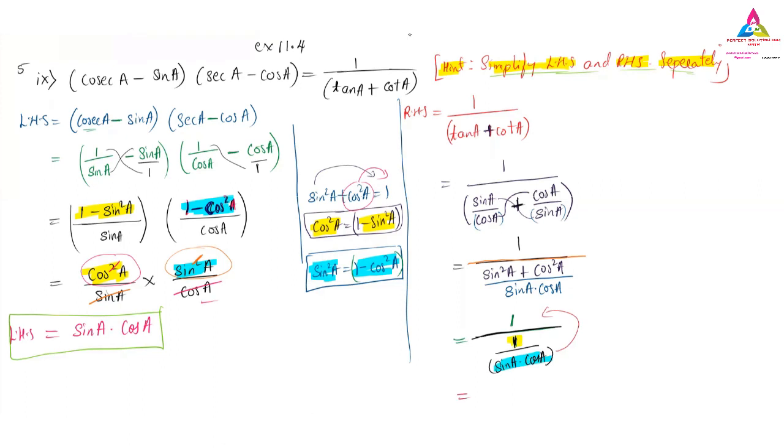So the right hand side will become sin A into cos A divided by 1, because 1 by 1 is 1.